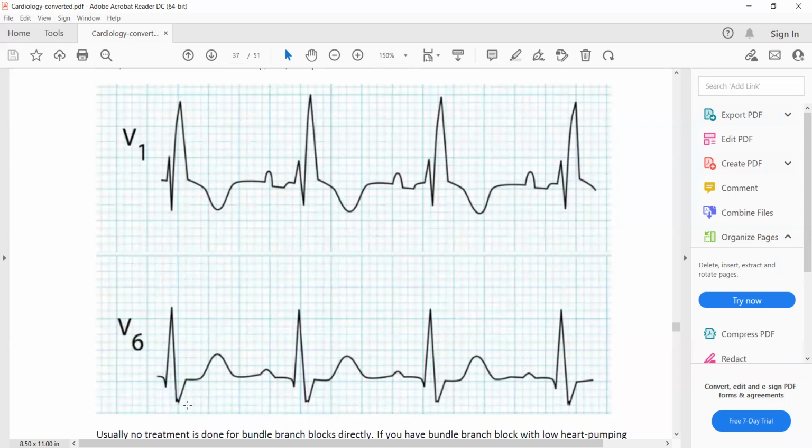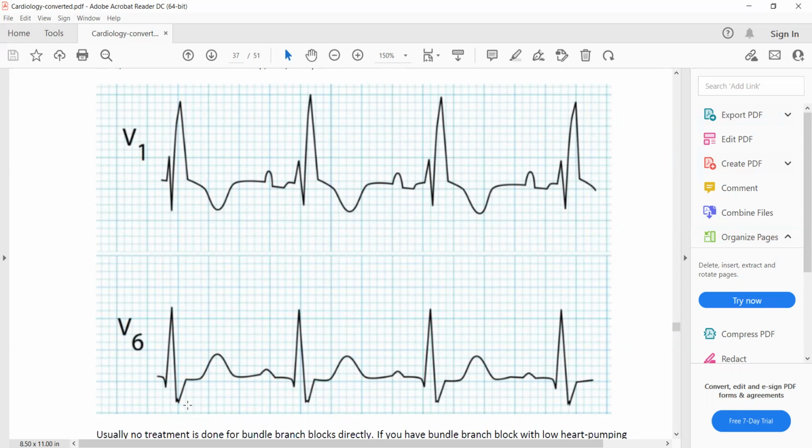This is called slurring of the S wave. So RSR pattern in V1 and wide and slurred S wave in V6. These 2 points will make the diagnosis of right bundle branch block.